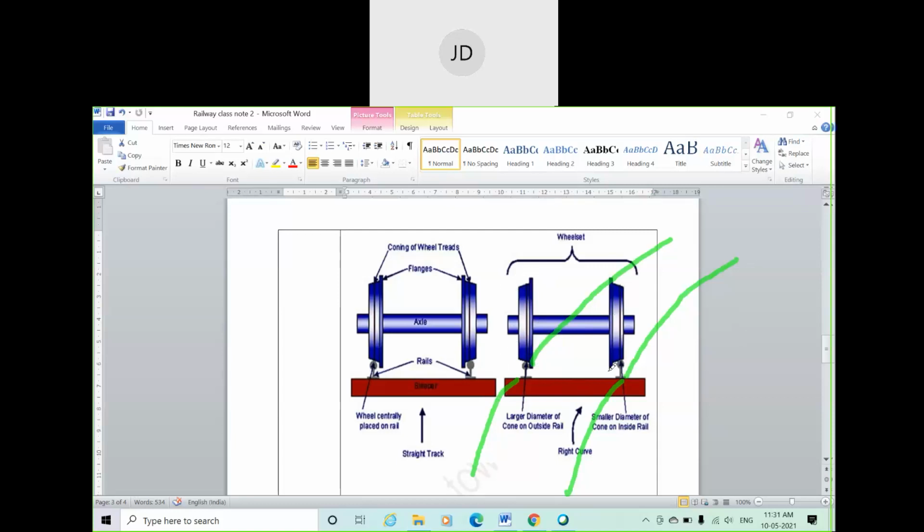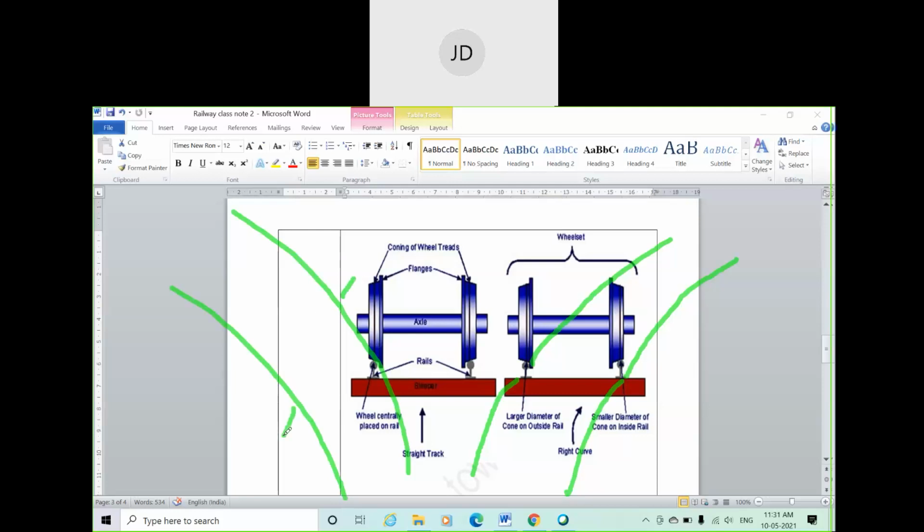The wheel moving along the inner curve is called the inner wheel. Very simple definition. So this is your inner wheel and this is your outer wheel. If you consider a left turn or left curve, then this becomes your outer curve.